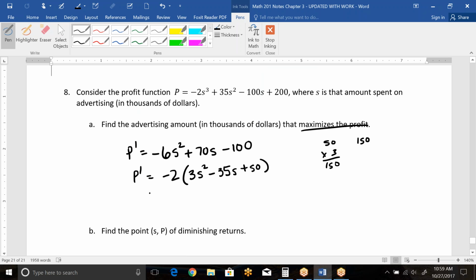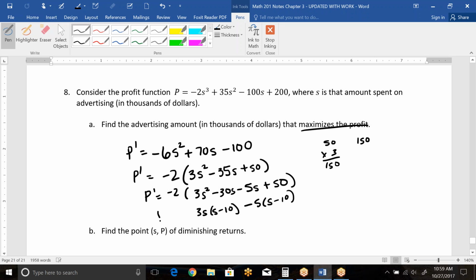So we're going to break this up into 3s squared minus 30s minus 5s plus 50. We'll factor out a 3s out of the first pair, and we'll factor out a 5 out of the second pair. And that gives me 2 possible factors here. So P prime is negative 2 times s minus 10 times 3s minus 5.